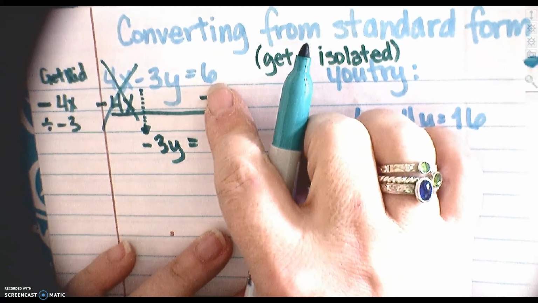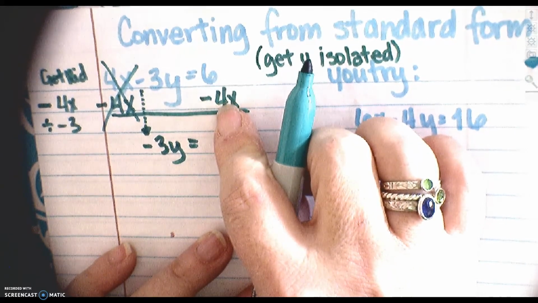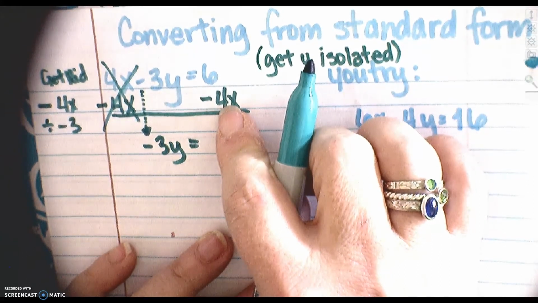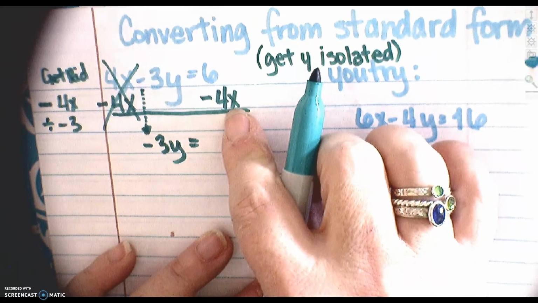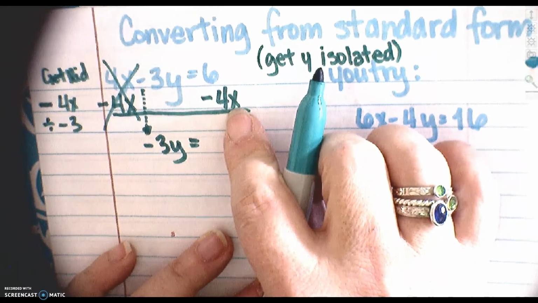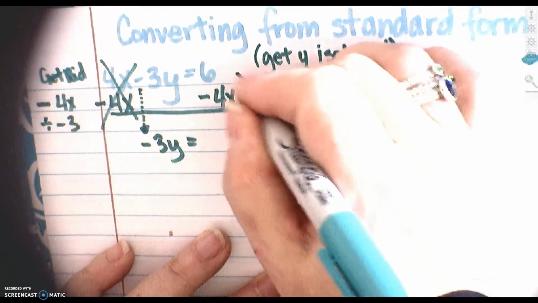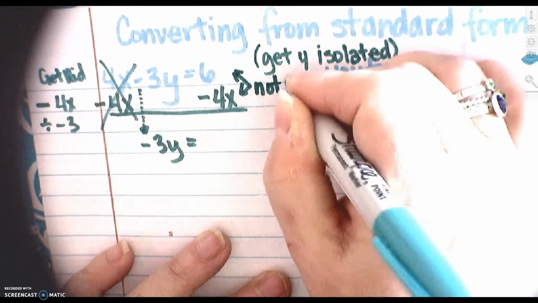Now, we could do 6 minus 4 being 2 and put 2x, except for one crucial problem. This is a constant. It does not have a variable. This is a variable term. It has a variable. They are not like terms.